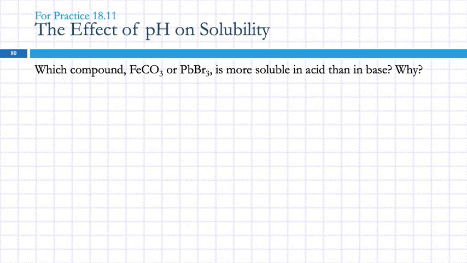Which compound, iron carbonate or lead bromide, is more soluble in acid than in base?